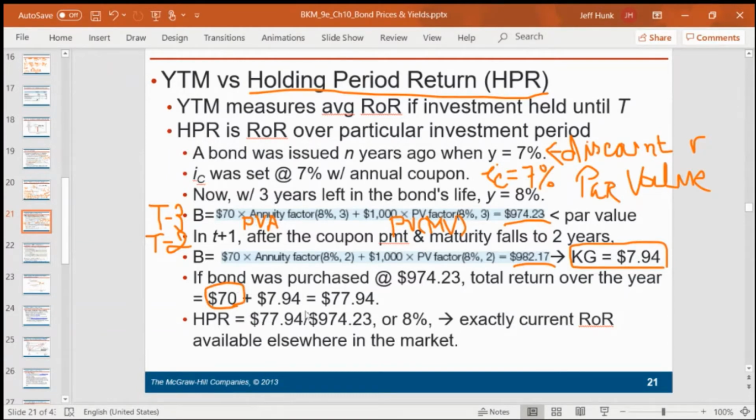And capital gains. In other words, this is the sum of the cash flows during that 1 year period plus capital gains.